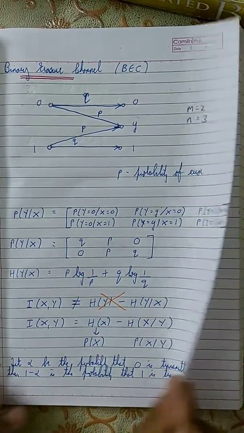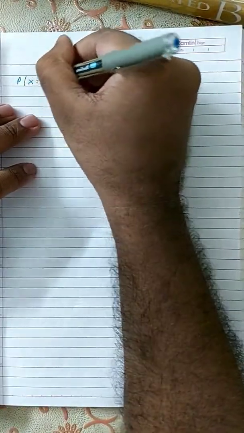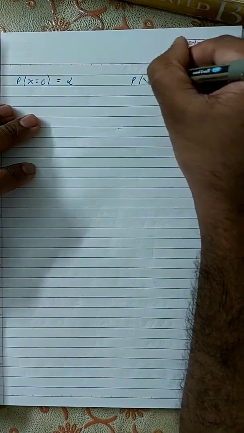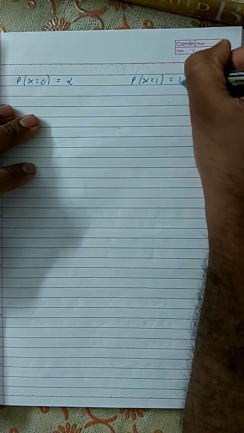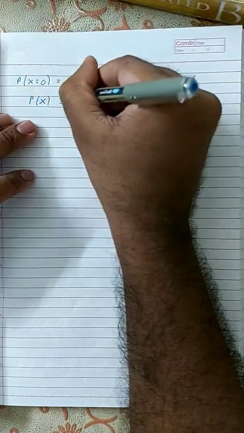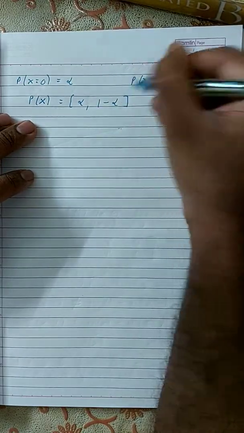Or in other words, p of x equal to 0 is alpha, and p of x equal to 1 is 1 minus alpha. Or in other words, p of x is equal to alpha comma 1 minus alpha.